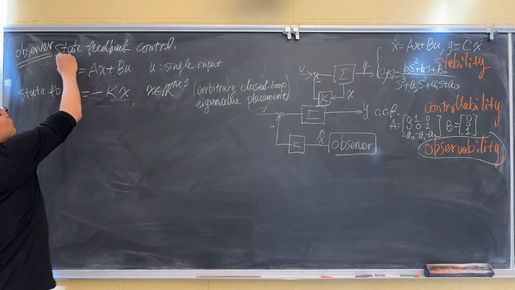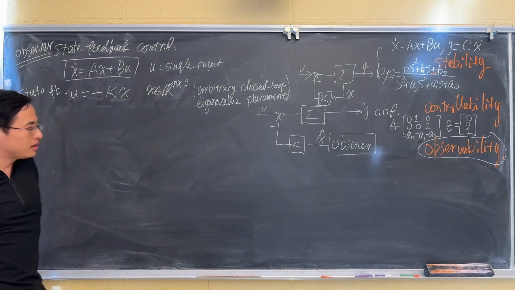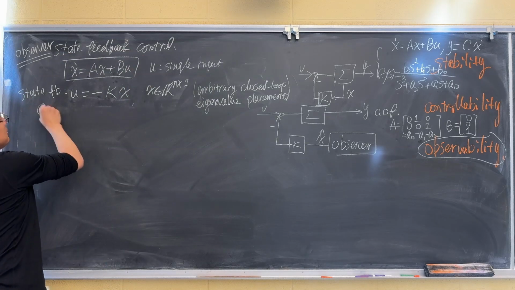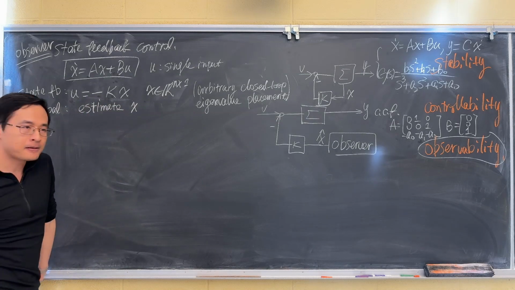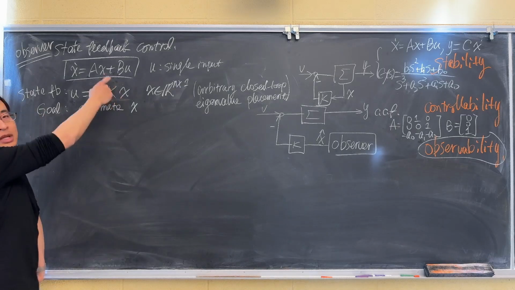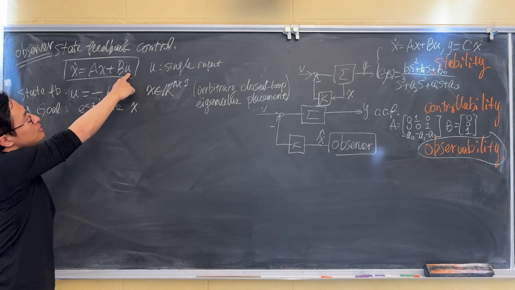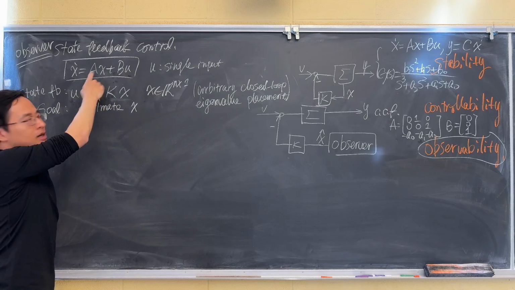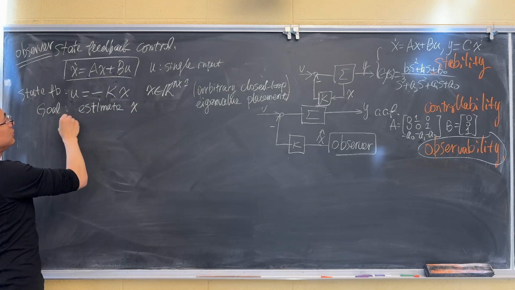If this is what we have, this is given to us, and our goal is to estimate X. So it seems natural, if we know U, the input, and we know A and B, to try this.